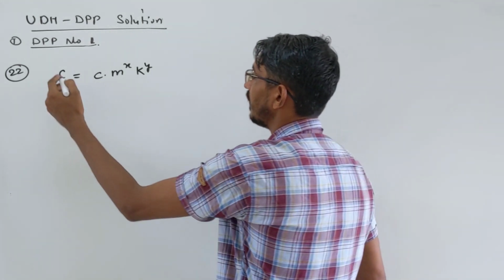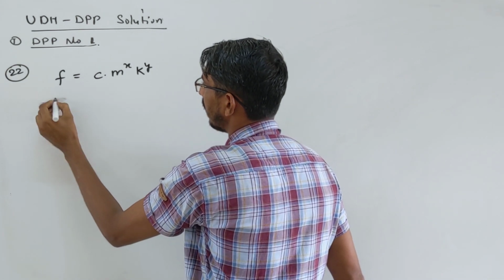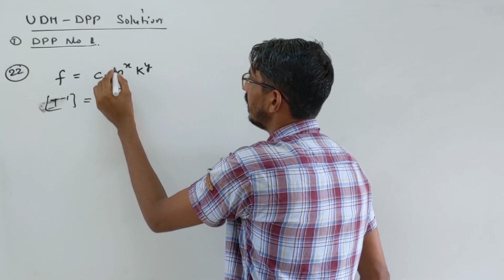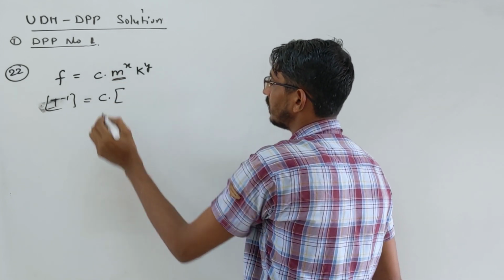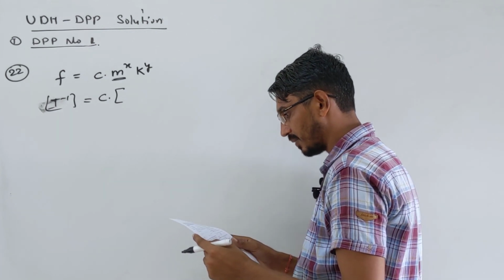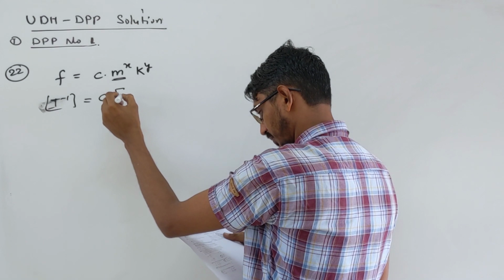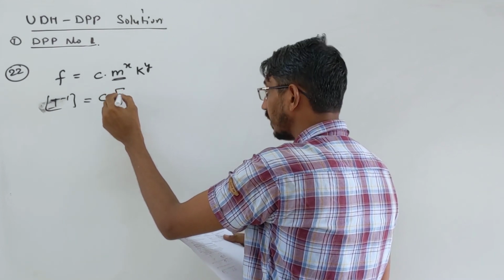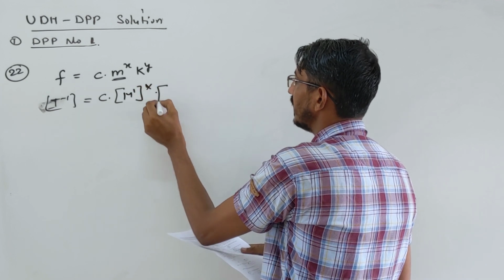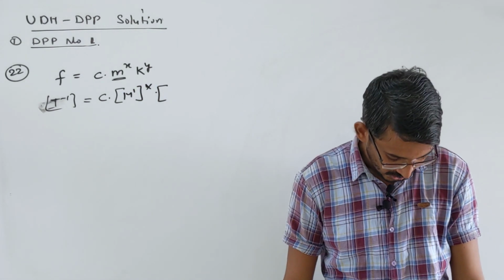Let's derive. What is the dimension of frequency? T power minus 1, opposite of time. I am doing it directly, don't get confused. This is mass m power 1 into x, and k is the spring constant.